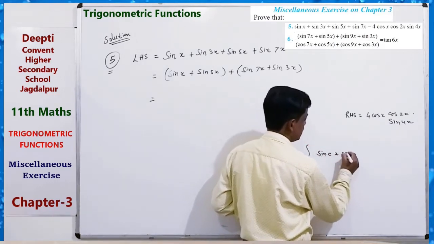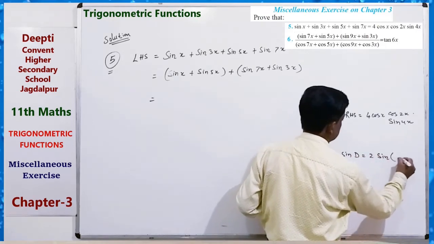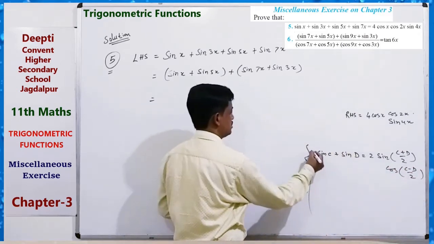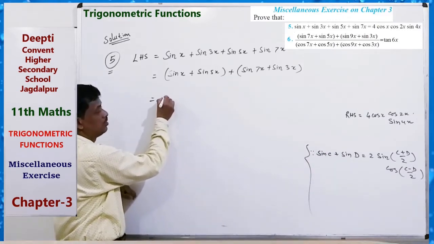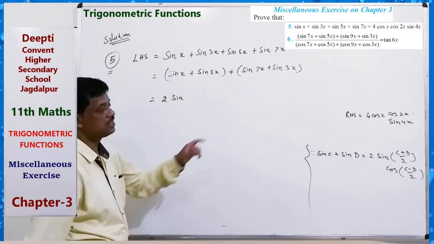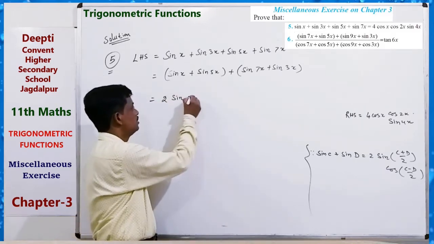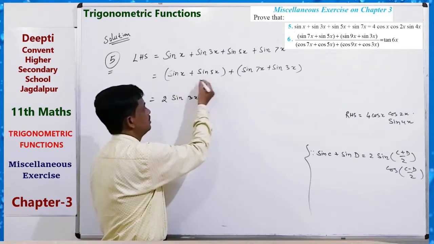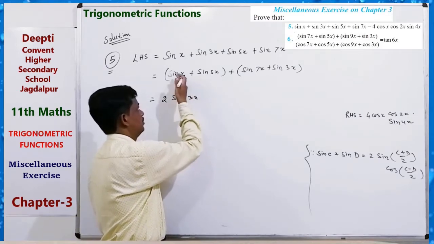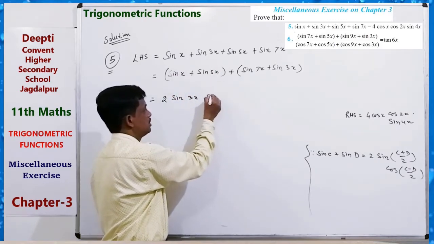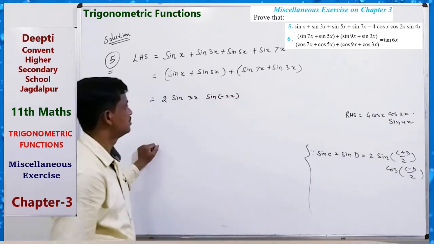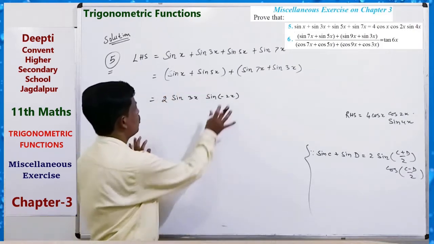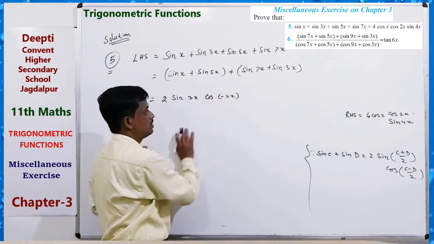Sin c plus sin d equals 2 sin of (c plus d) by 2 times cos of (c minus d) by 2. So we get 2 sin 3x, since 6x by 2 is 3x, and cos of (x minus 5x) by 2, which is cos minus 2x.